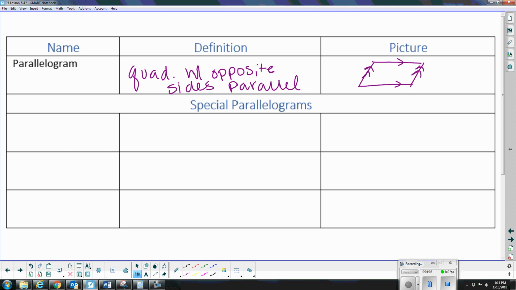If you think about a parallelogram, we know some special parallelograms we've talked about in chapter 1. The first one is a rhombus, and it's a parallelogram with 4 congruent sides.